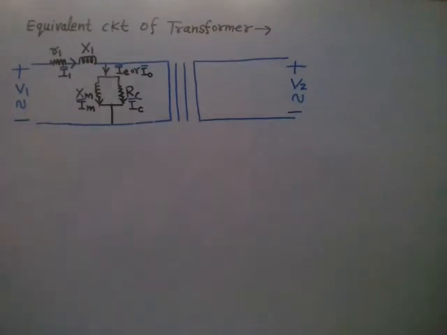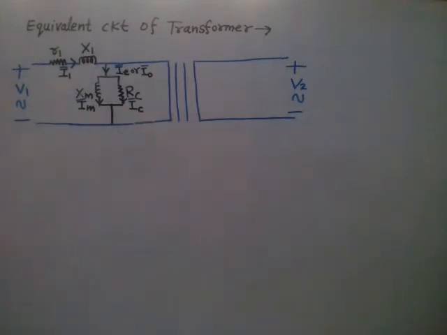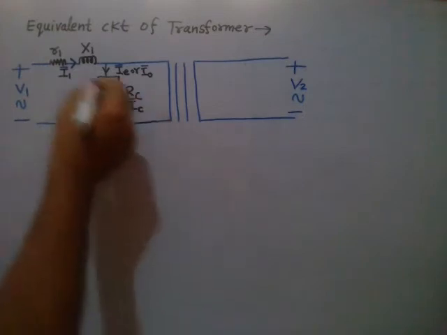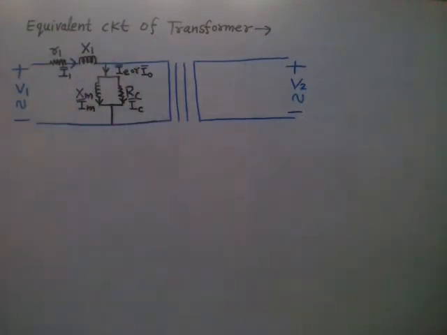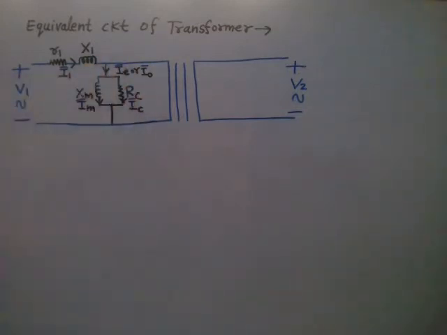So here this is the electrical equivalent circuit, R1 and X1 for the primary winding side. This shunt branch represents the iron core. Shunt means parallel branch, the representation of the iron core.